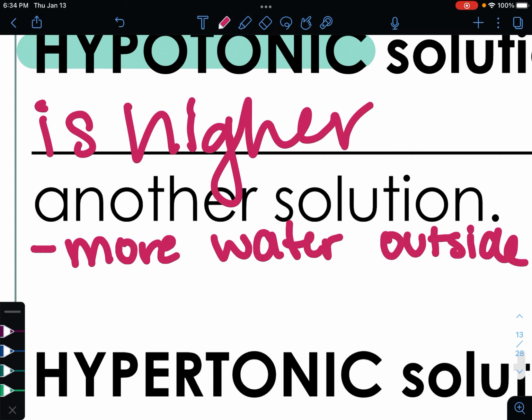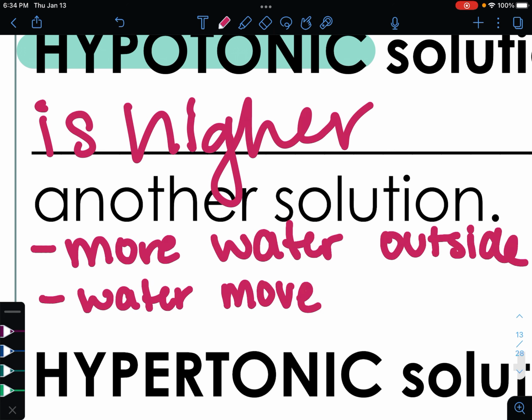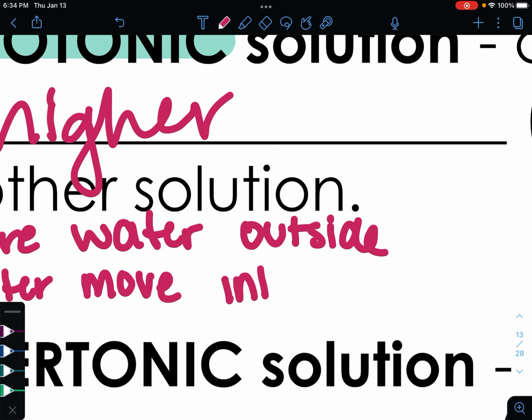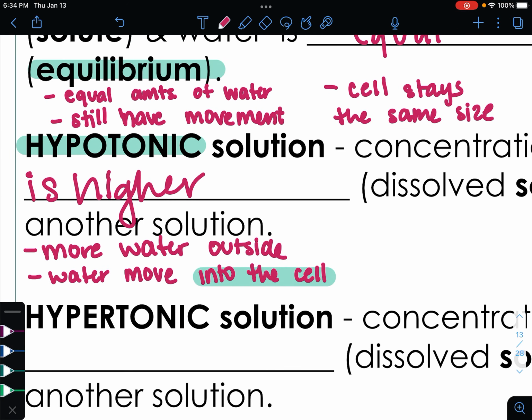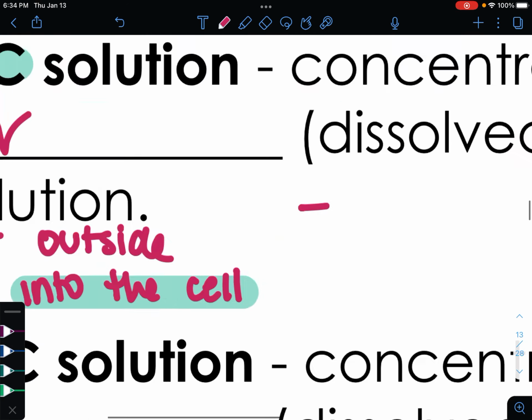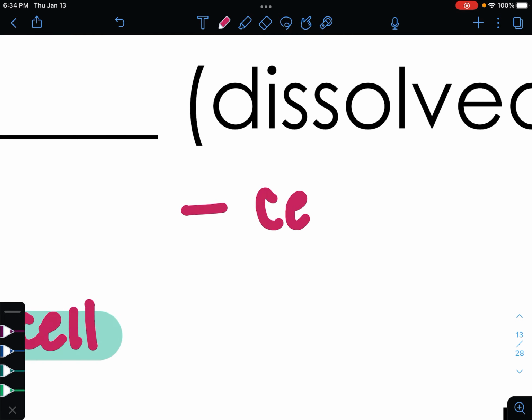Okay, so if that happens, remember we want to move from high to low. So what this means is that the water would move into the cell. Okay, and if we think about it, if water is going to move into the cell, our cell size is going to increase.